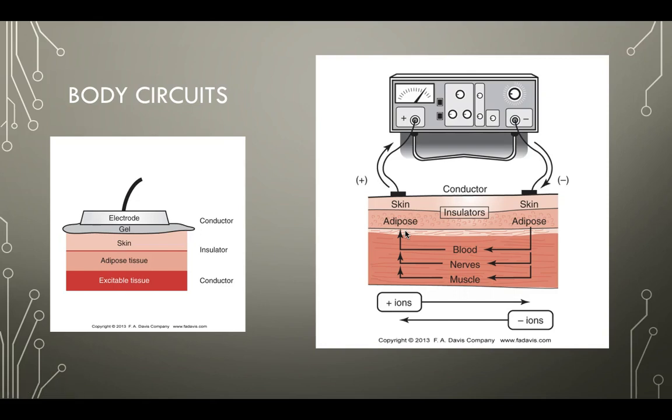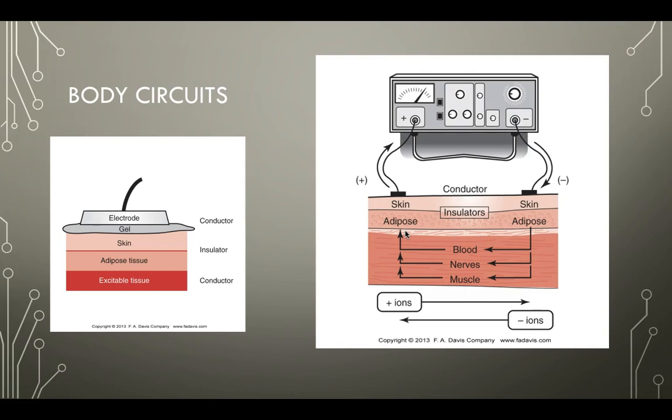Now, when we think about whether something is a good insulator or a good conductor, you really want to think about water content within the body. Skin is a big insulator. It doesn't have a lot of water content, especially the outer layer. Muscle is a really good conductor. Blood is a really great conductor, one of the best.